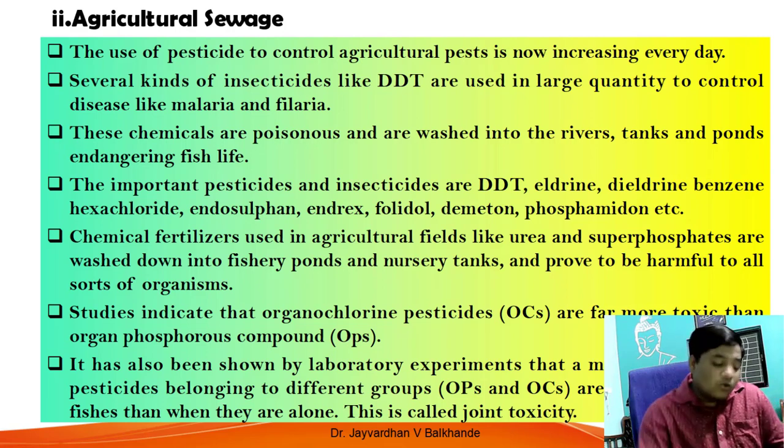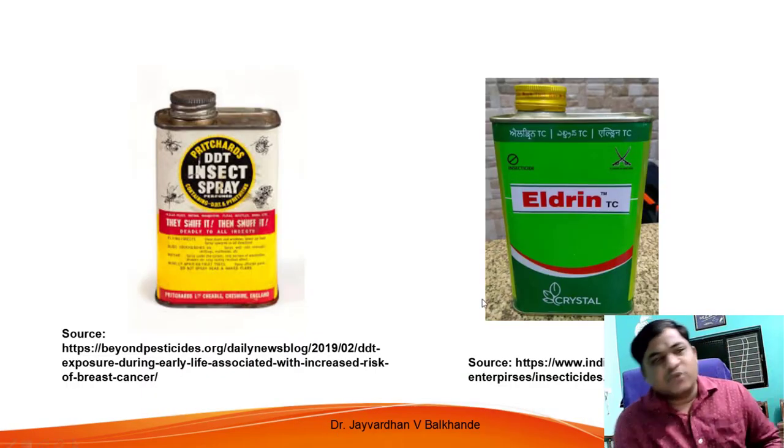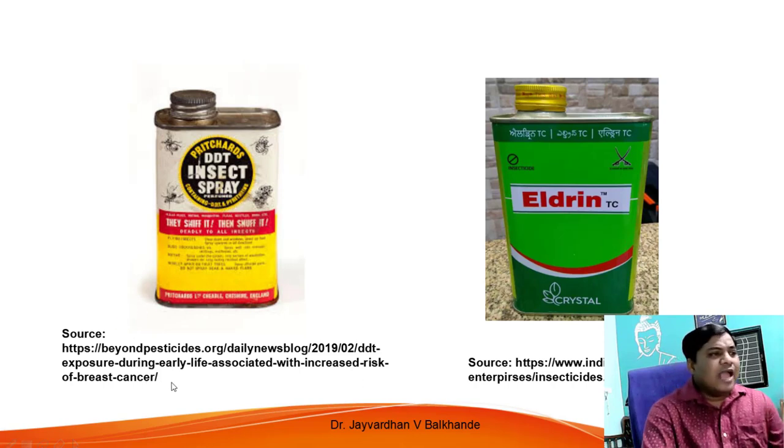This is called joint toxicity. This is a picture I downloaded from Google. See here, these are the sources, and this is a DDT insect spray, a very poisonous and toxic insecticide.